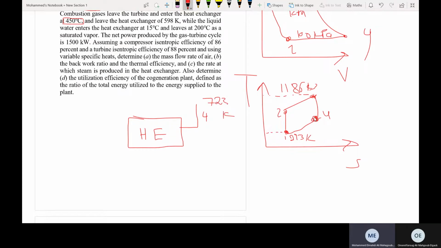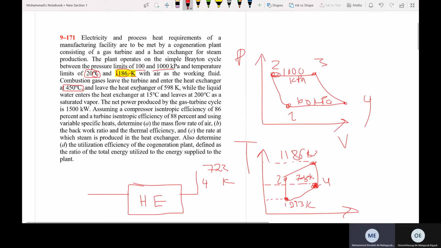Let's draw it also here in the diagram, 723 kelvins, and it's going to leave at 350 degrees Celsius, 598 kelvins.